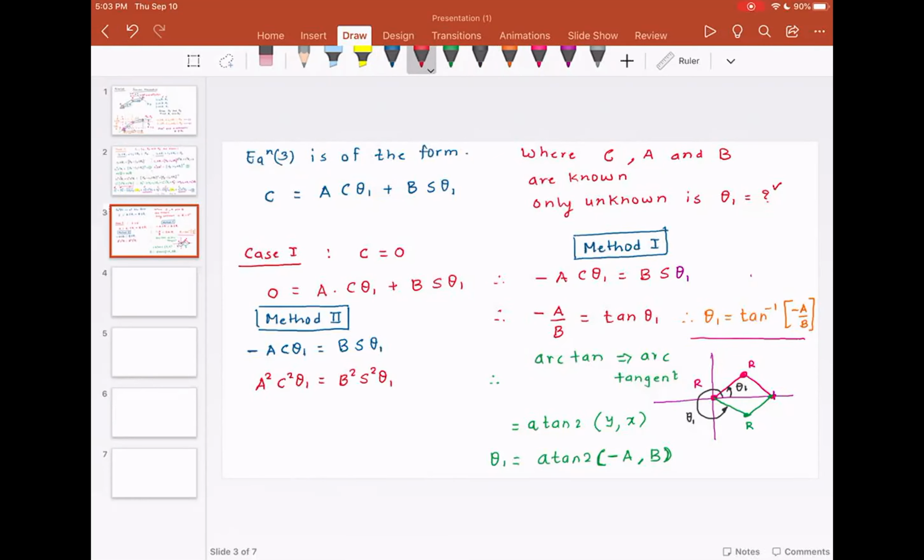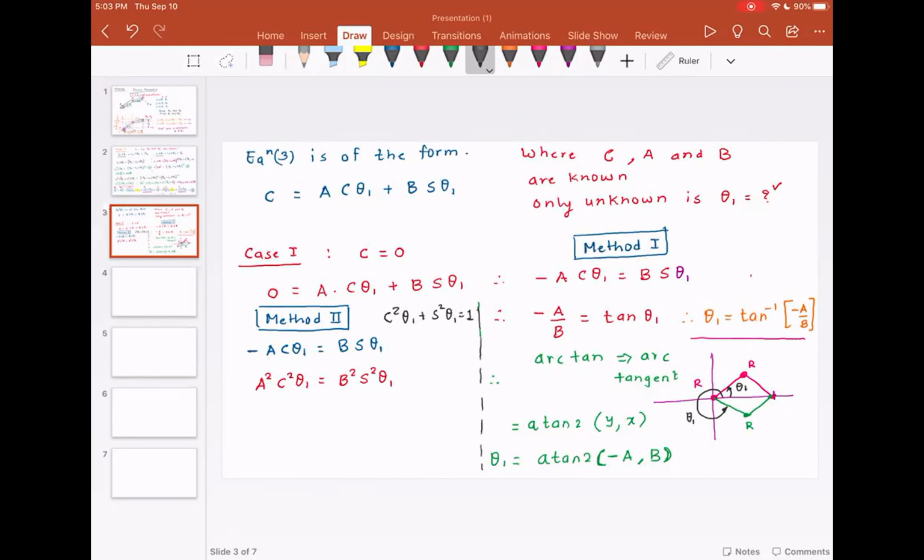Now, this allows me to use a famous identity. And that famous identity is sine square theta 1 plus cosine square theta 1 is equal to 1.